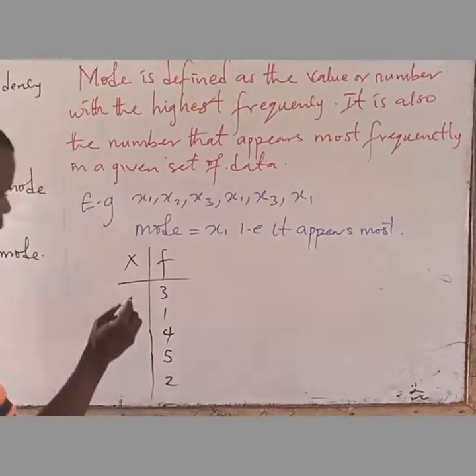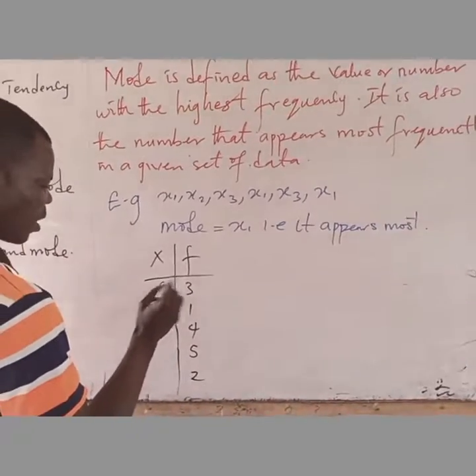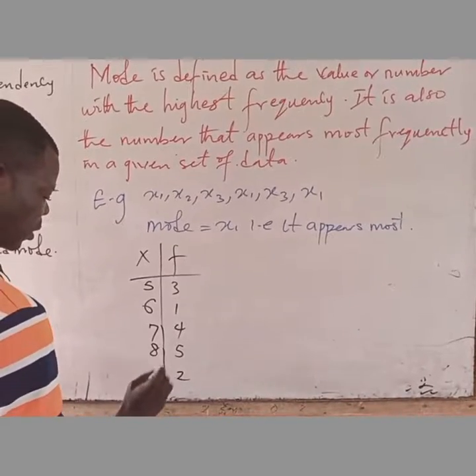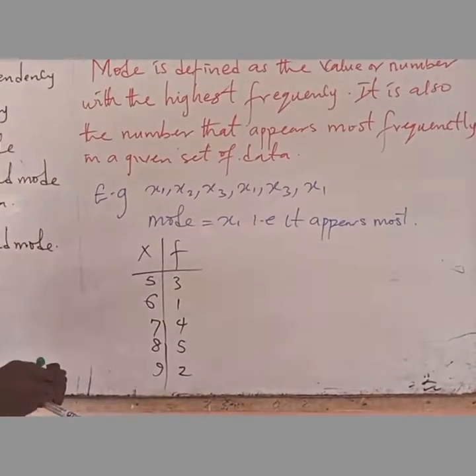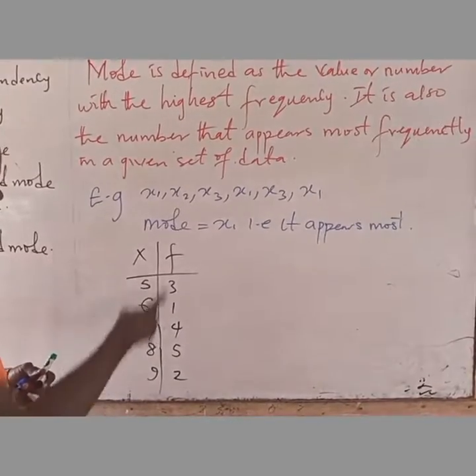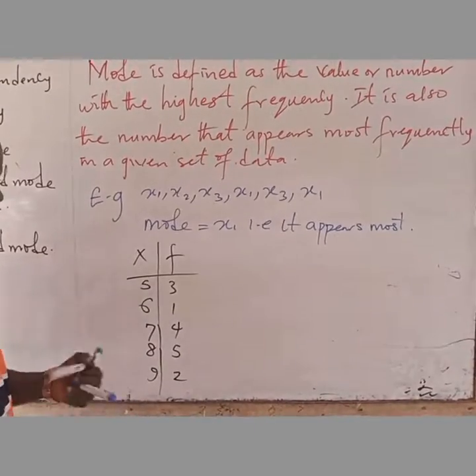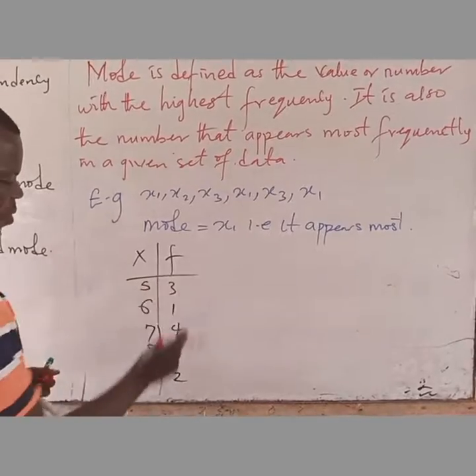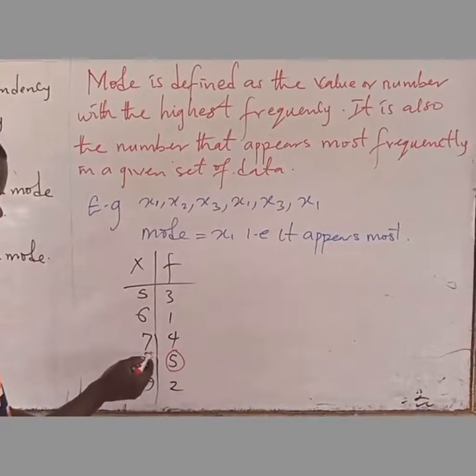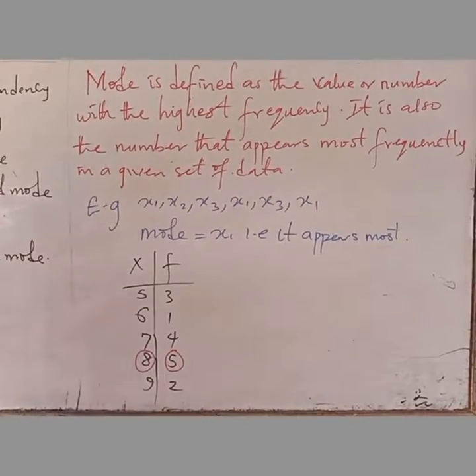You now have 5, 6, 7, 8, 9. Here, the number with the highest frequency is the mode, which is 5. 5 is the highest frequency. So 8 is the mode.